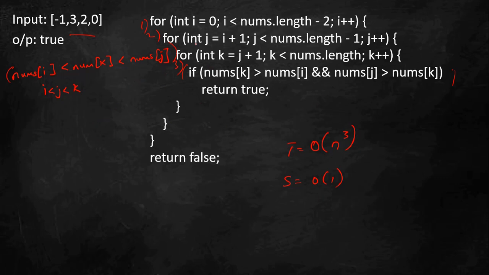So here we have nums[i], nums[k] and nums[j]. I can say nums[i] is the min value, then there is a middle value and then there is a max value. So I can identify the min value and keep that min value as is.